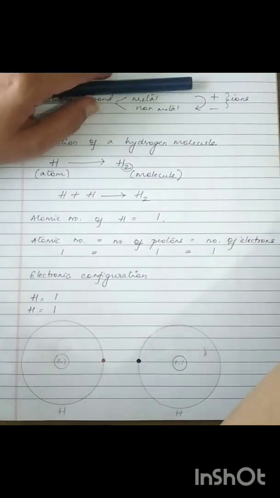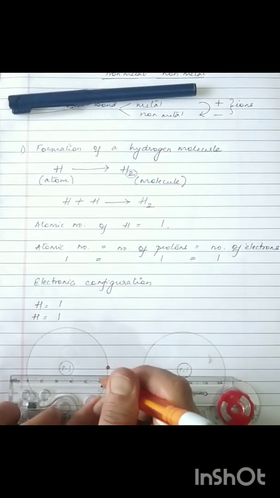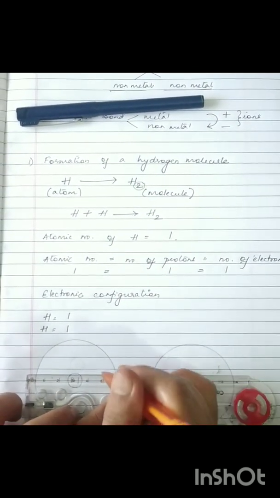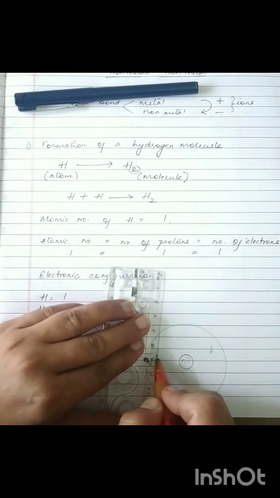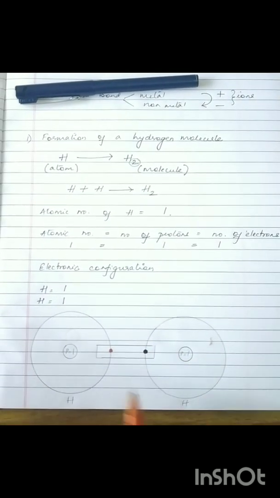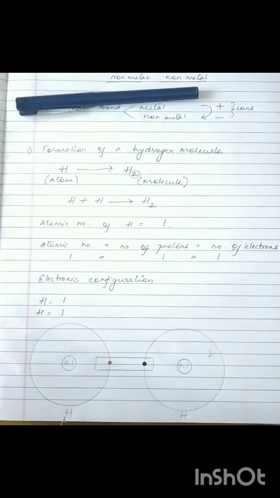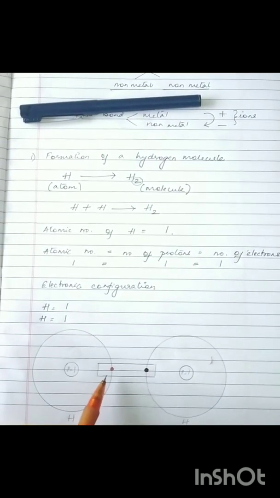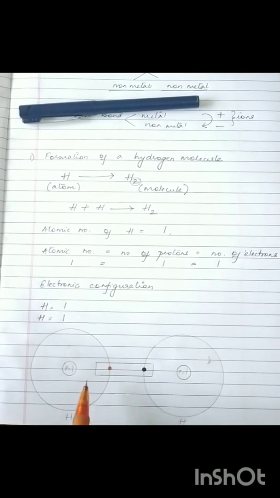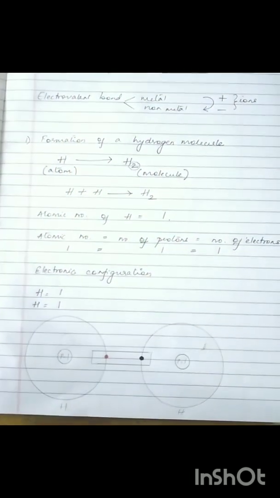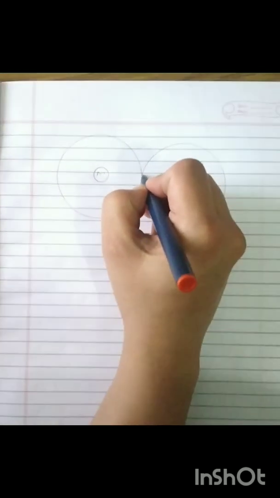So what happens in a covalent bond is they share the electrons, so that there is no give and take. There is sharing of electrons. So when they share electrons, this atom will have how many electrons? 1, 2. And this one will also have how many? 1, 2. So let's draw it. So there is no giving and taking, but what did I say? They share electrons.